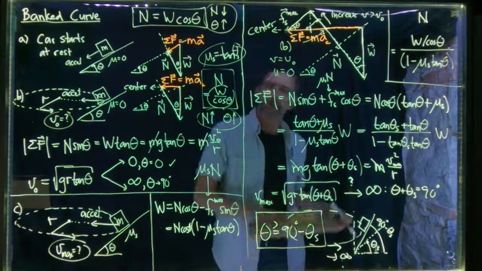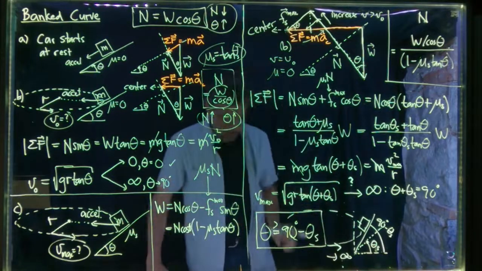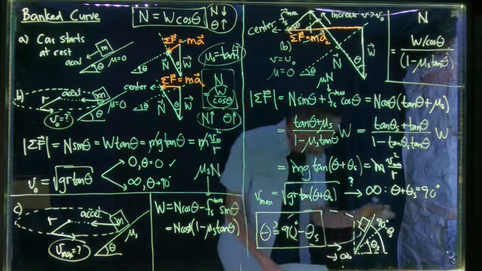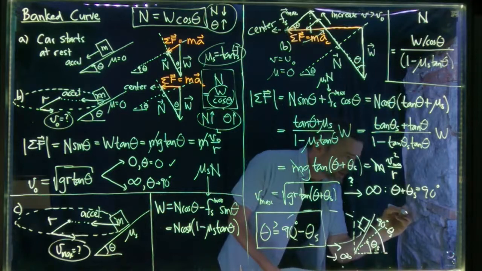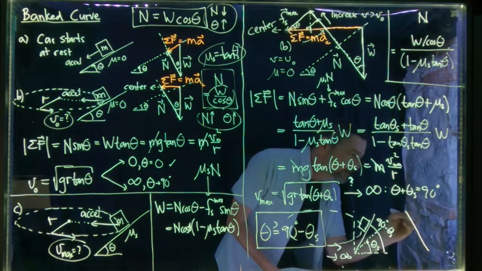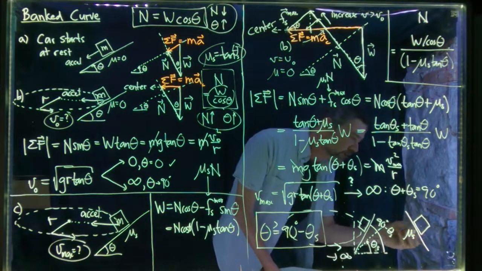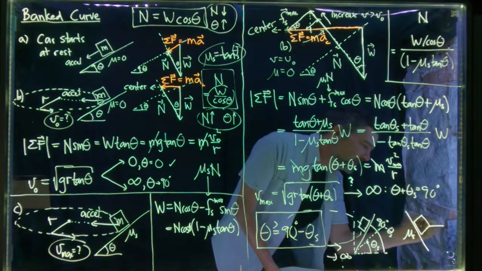And I want you to connect with the previous example that we did, in which we had an inclined plane like this, and we had a block sitting on that inclined plane. There's a coefficient of static friction between the block and the inclined plane, and we are applying an applied force Fa.